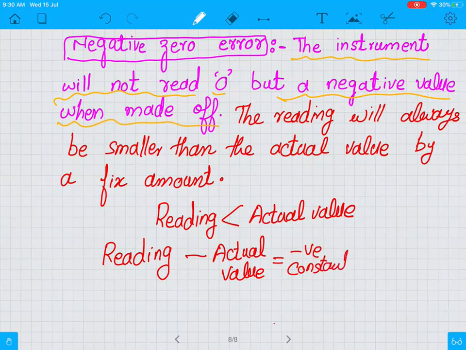It will give a negative value that would be fixed, that would be constant, and this negative constant is called negative zero error.